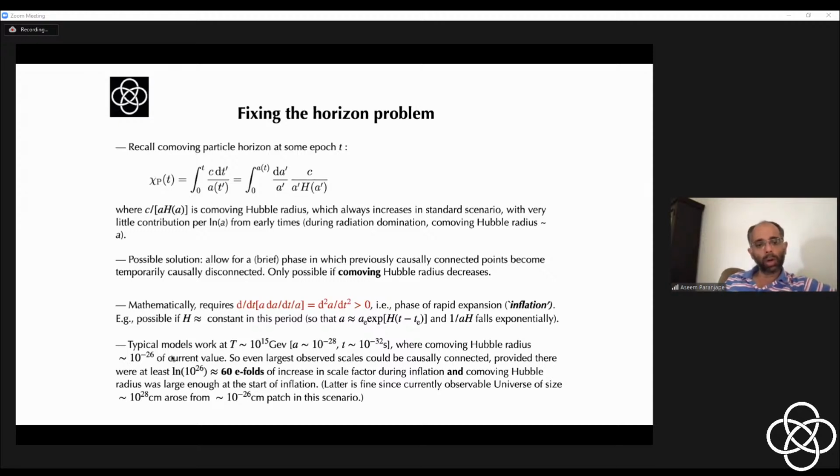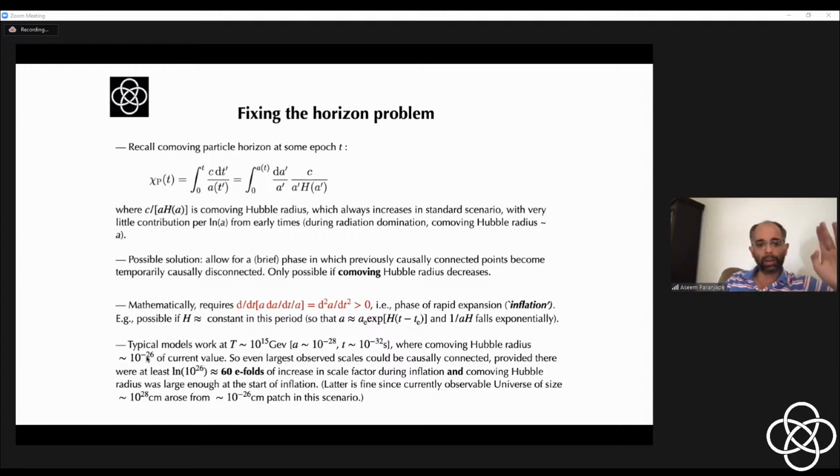So what I need to make sure is that there is a phase which makes the co-moving Hubble radius decrease, and it expands the universe by basically this amount. I have to counter the effect of the fact that this 10 to the minus 26 is a small number.